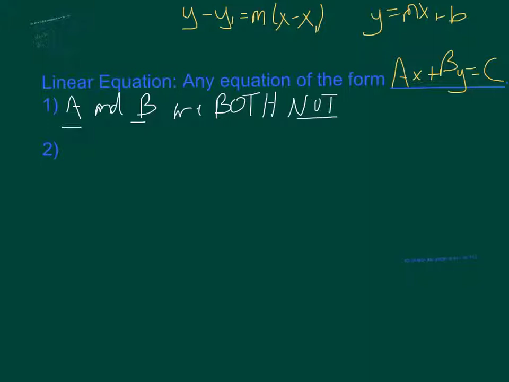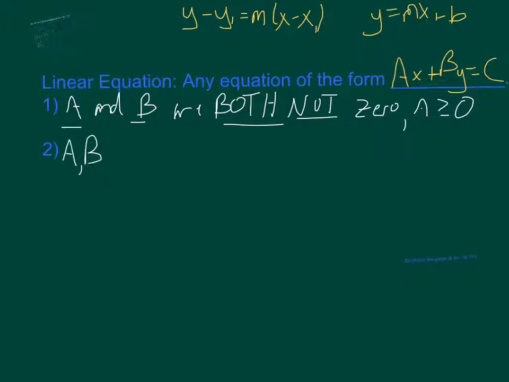In other words, one of them has to be there. And usually A is a positive number or it's 0. I don't like A to be negative. Some of the teachers will tell you different. I just think it looks a little tacky, and I know you all don't want to look tacky.